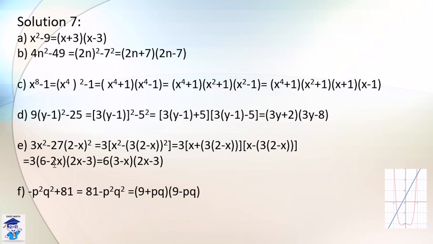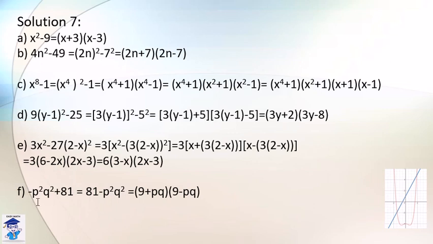Get the answer 3 times 6 minus 2x times 2x minus 3. So our final answer is 6 times 3 minus x times 2x minus 3, because in this term there are 2 that can be taken out.